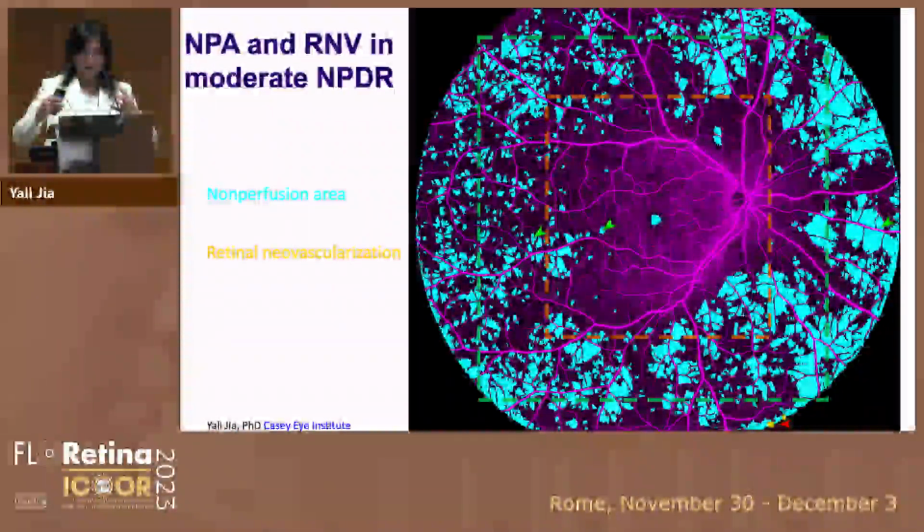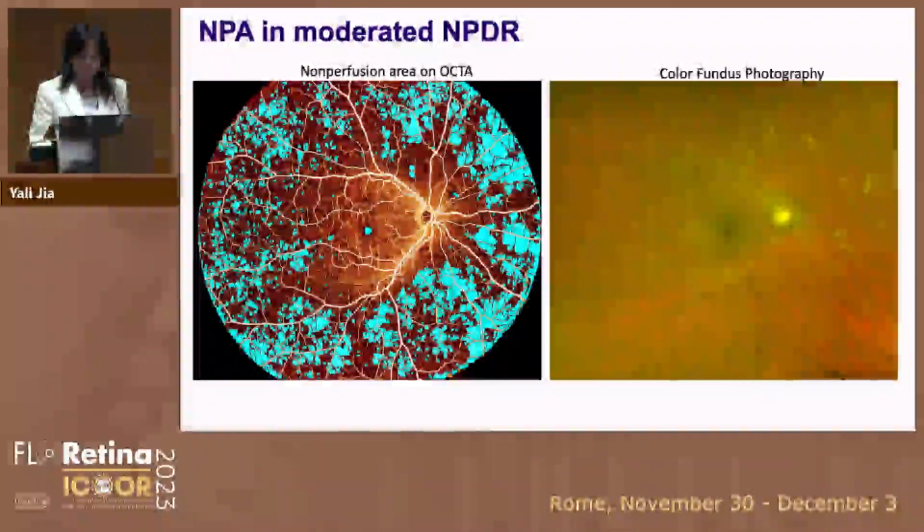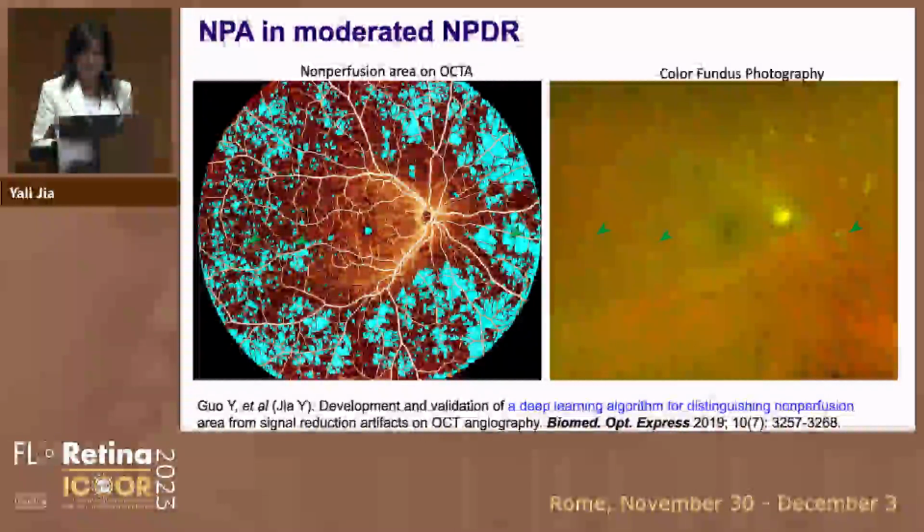So that's another color-coded image, by the way, a comparison with the color fundus photo. I want to remind you the ischemia area is very clear on OCTA, but you couldn't really see it from the fundus photo. And the software we used to detect those non-perfusion areas is actually a deep learning algorithm we developed on a small field of view.